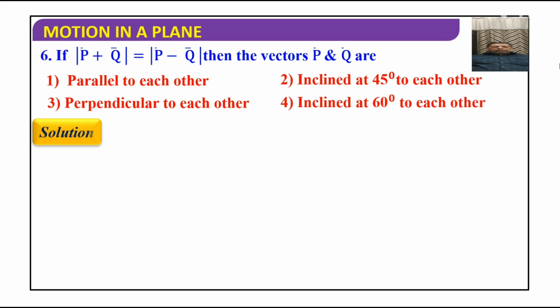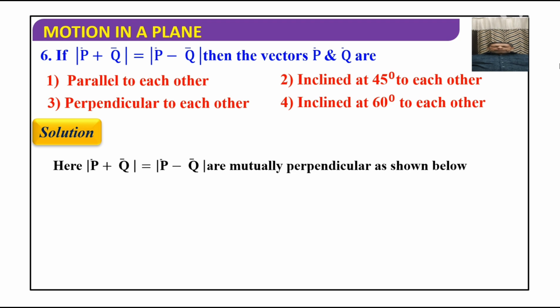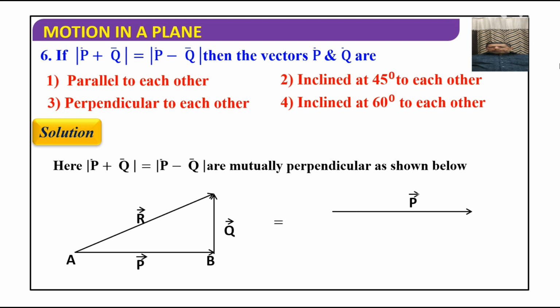The answer is: we know vector P plus vector Q is equal to vector P minus vector Q, they are mutually perpendicular as shown below. Now draw the diagram. Take a vector AB equal to P and Q is another vector. R is giving the resultant. Now reverse the Q. Again find the resultant. It is P minus Q. So this is only possible when they are perpendicular to each other. So option 3 is the correct one.